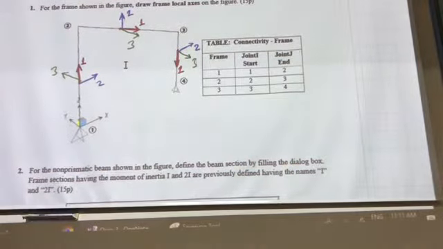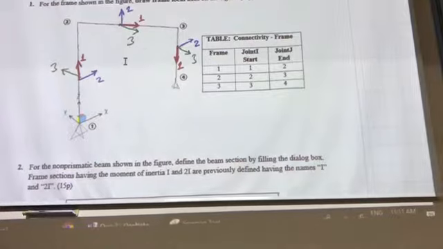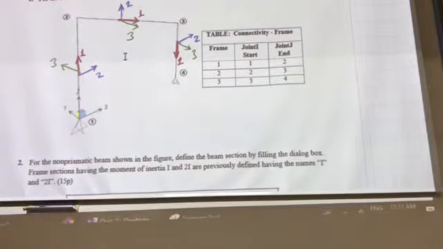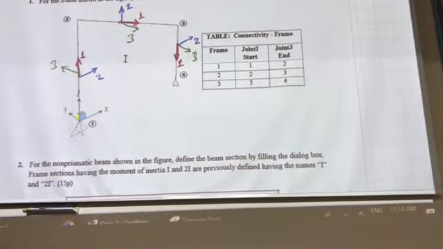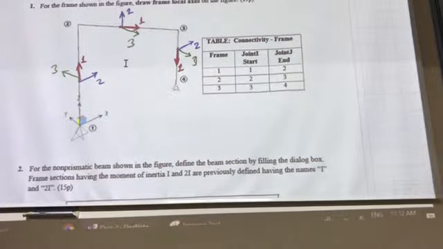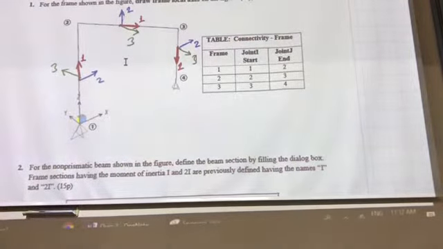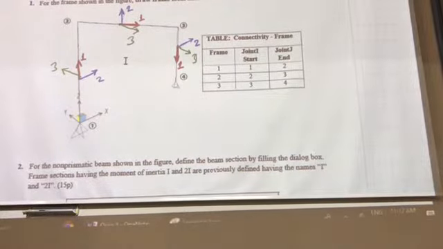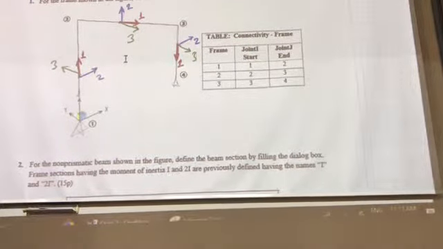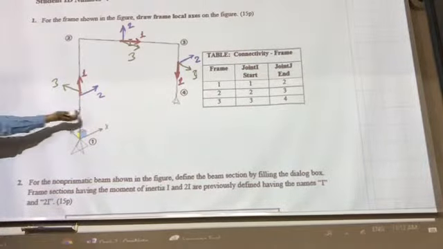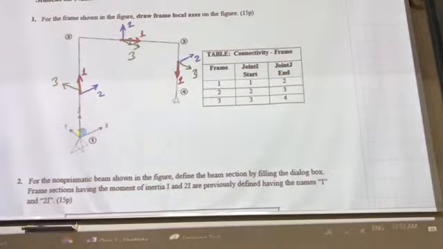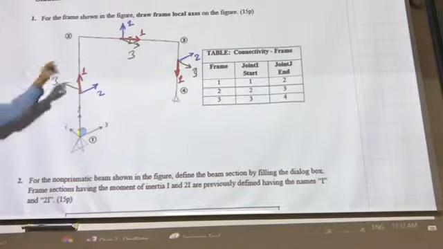Therefore, moment 3-3 will be important. Moment 2-2 will be 0. Why? Moment 3-3 is always perpendicular to the xz plane.